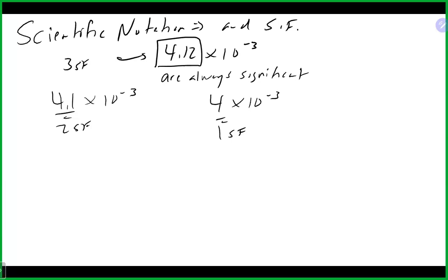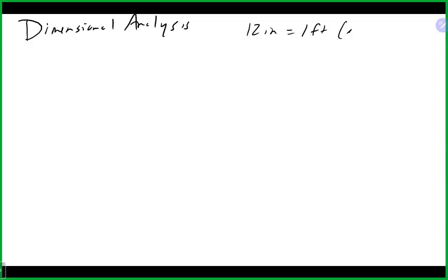All right, so let's take a look at some other things that we talked about in this chapter, and probably one of the most important things was dimensional analysis and how to set up problems, which hopefully you are doing. Dimensional analysis is the way where we use an equality like 12 inches equals 1 foot.